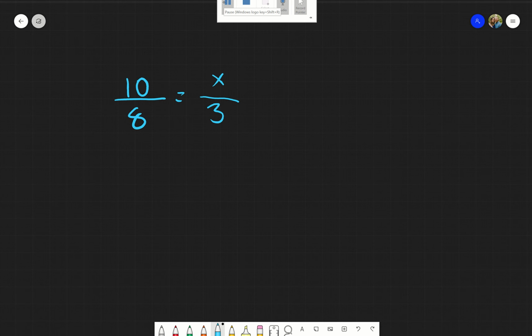Don't love this one, but we're doing it because I already wrote it down. 10 times 3 equals 8 times x. It's helpful to write these things out. Remember, we always want to be writing our problems out.